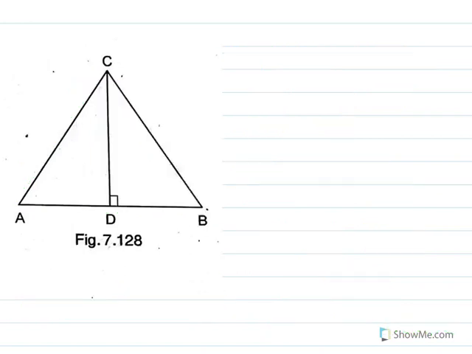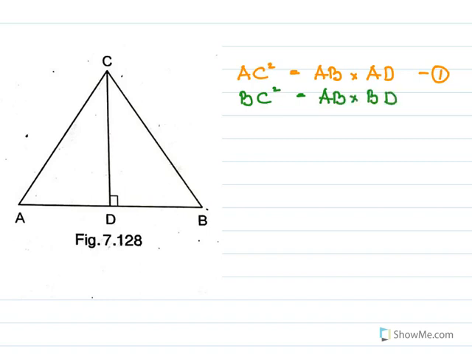So in the first I proved that, first we prove not BC, we prove AC square equal to AB into AD. That was equation 1. And in the second equation we have proved BC square equal to AB into BD. So let's divide now both.